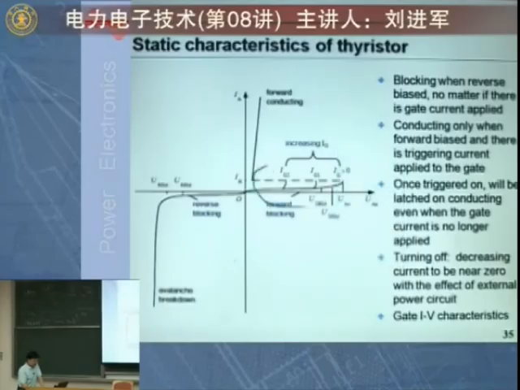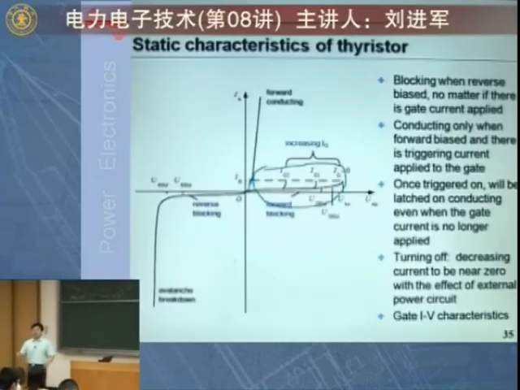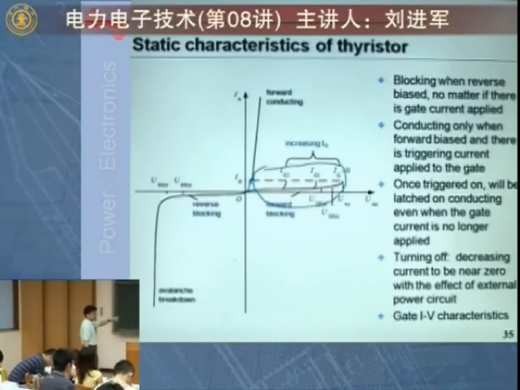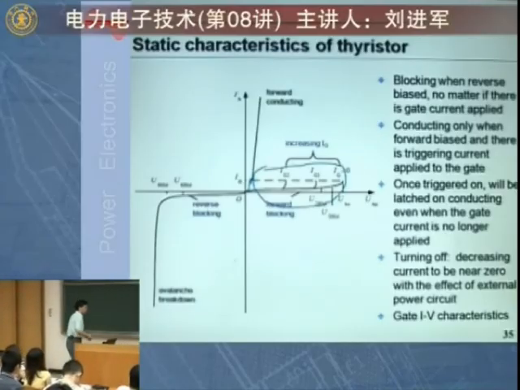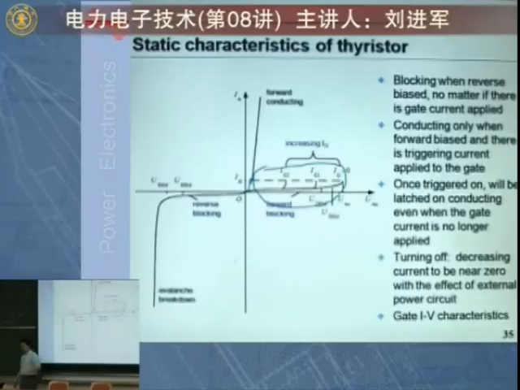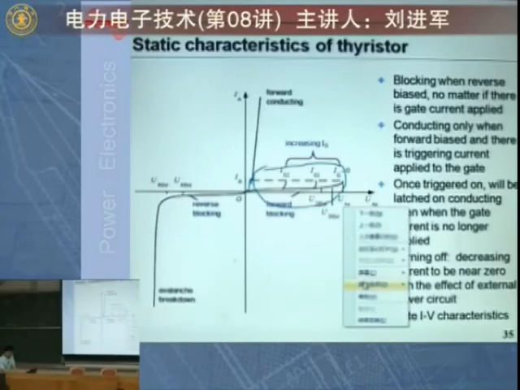If you do not consider this part, then this is similar to a diode. This curve is like this. This is a diode, right? But a thyristor is not a diode. You have control, based on how much current you inject to the gate.